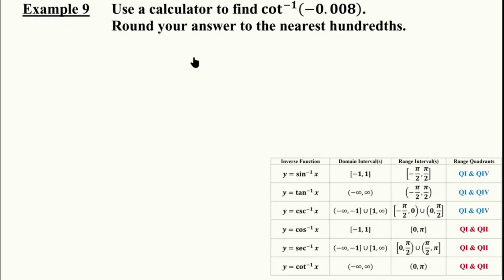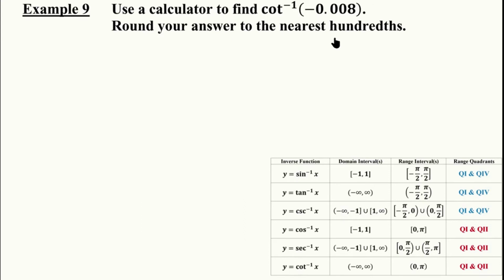All right, here we have an inverse cotangent problem again, and it says to round to the nearest hundredths this time, and they're not specifying what measure to use. If it's not specified, go with radians, okay?